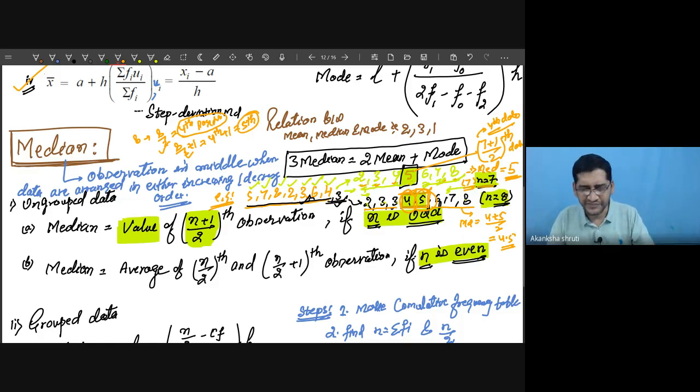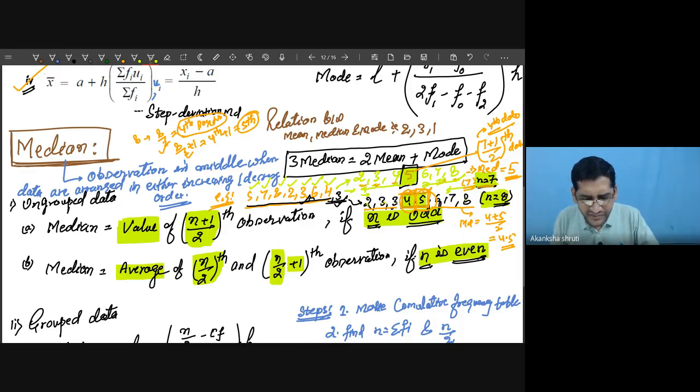Their average will give us the median. And student, first calculate n by 2, then add plus 1 to that. Do not think n by 2 plus 1 is the same as n plus 1 whole by 2. It is not that one.